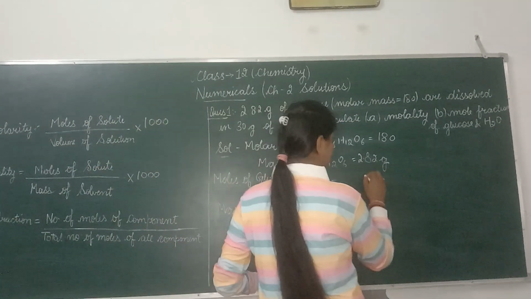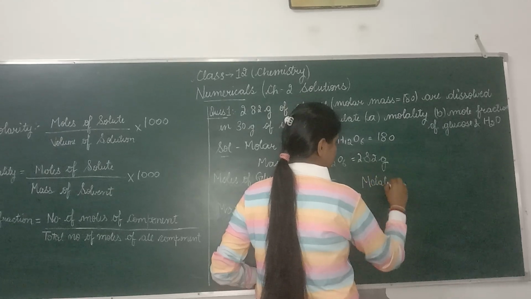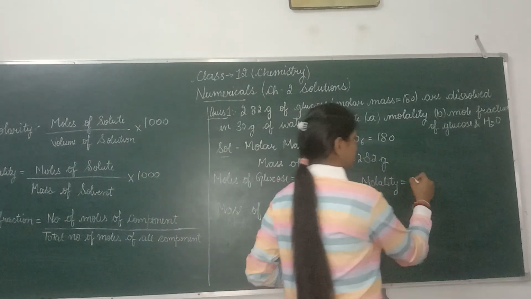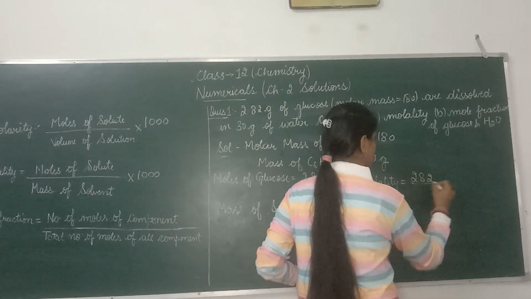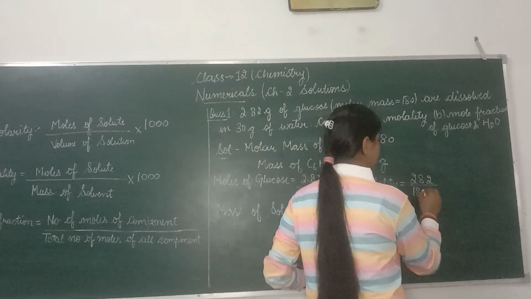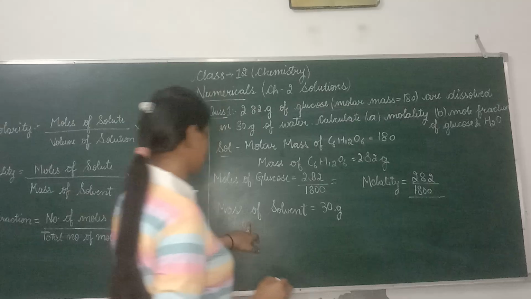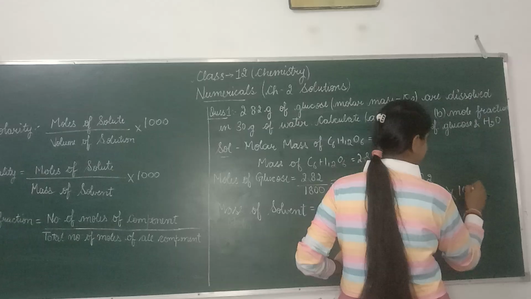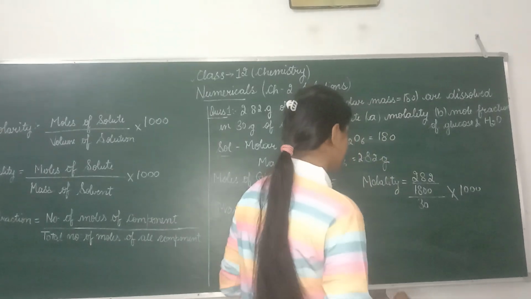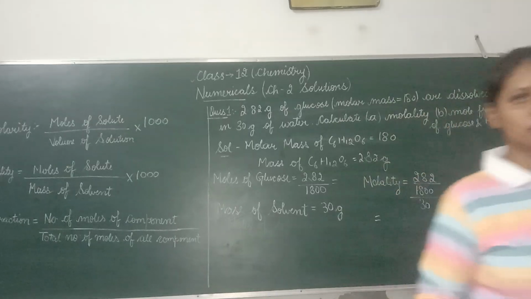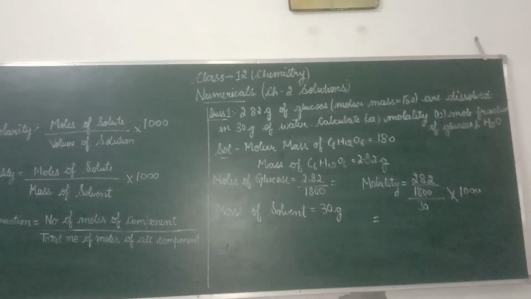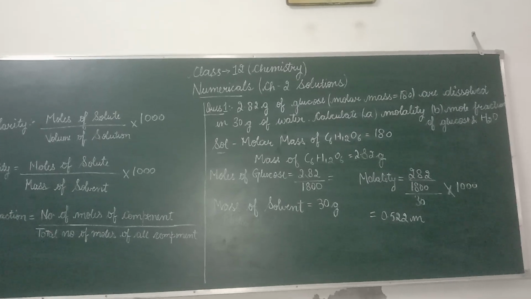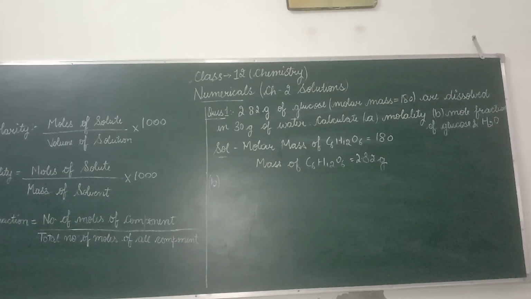Molality is given by moles of solute, 2.82 upon 180, divided by 30 grams, multiplied by 1000. So by doing all the calculations, the answer is 0.522 molal.